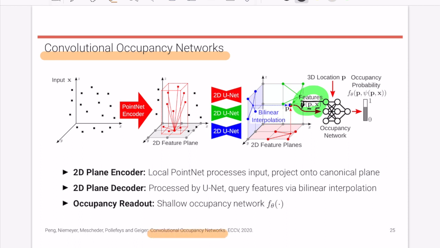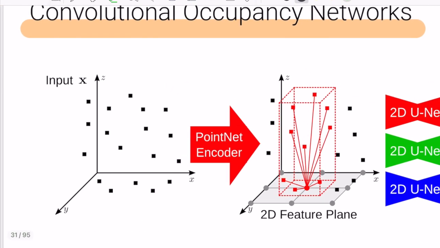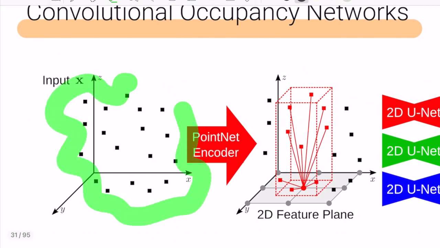So convolutional occupancy network was proposed in ECCV 2020. It was very simple. So for example, if you are interested in representing the precise 3D world from a sparse point cloud, this sparse point cloud is going to be our input.